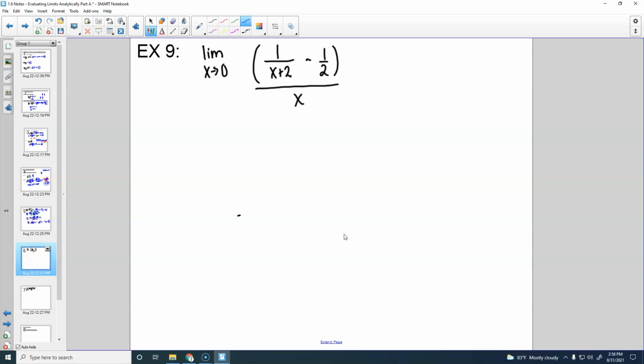All right, so if we plug in 0, I'm not going to even write it here because we're running out of time, but if I plug in 0, I got 1/2 minus 1/2, which is 0, over 0. 0 over 0, indeterminate form, so I can't do anything with this as it is. So I got to get rid of this complex fraction is what I need to do.